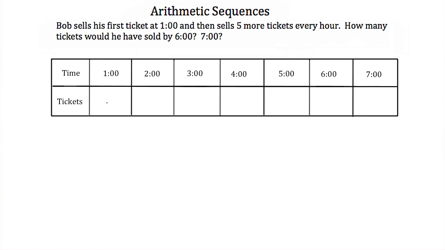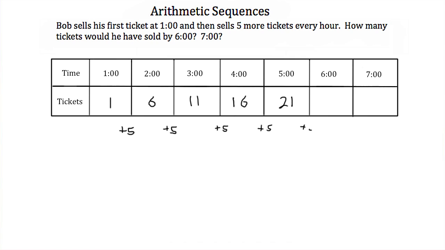Well, at 1 o'clock, Bob has sold 1 ticket. And if he sells 5 more tickets, by 2 o'clock, he sold 6 tickets. Then if he sells 5 more tickets, by 3 o'clock, he's got 11 tickets. And then he sells 5 more, so now he's up to 16 tickets. 5 more again, 21.